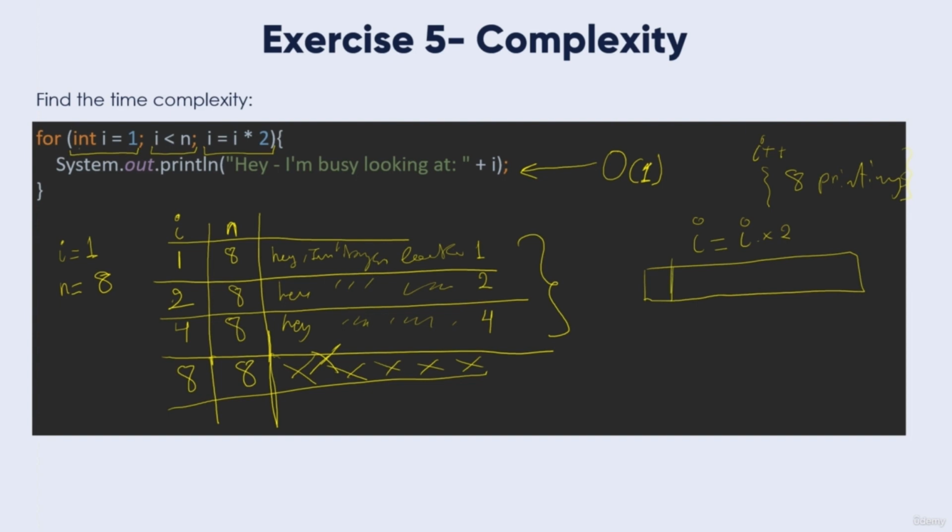The values are 1, 2, 4, and 8, and we cannot reach 8. So 1, 2, 4. It is executed 3 times.